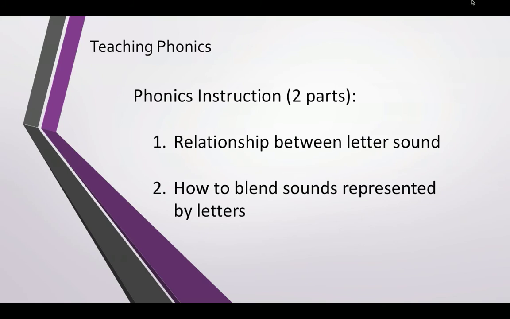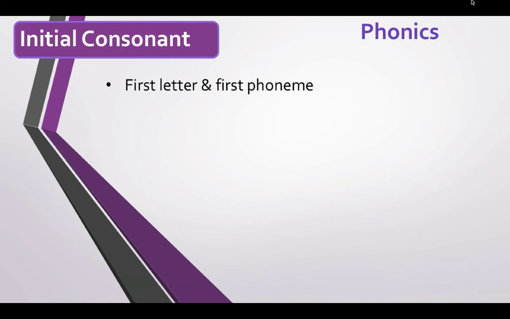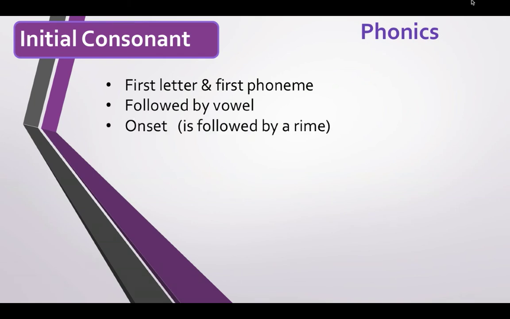So when we're thinking about phonics instruction, we're worried about the relationship between letter and sound, and then how to blend sounds represented by letters. And that's really where our concern is when teaching this. So in our initial consonant words, first letter and first phoneme are a consonant, which is then followed by a vowel.